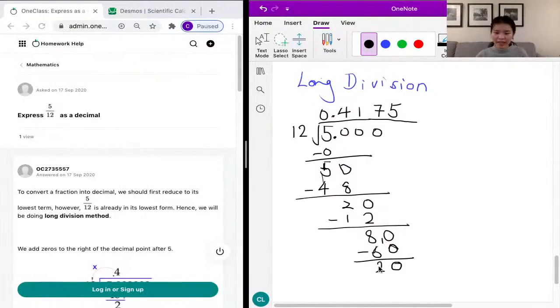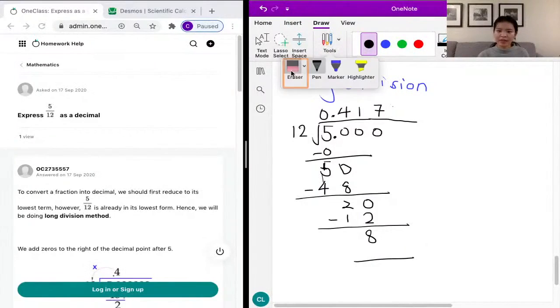However, the remainder is larger than the 12 over here. That means we can actually do 6 instead of 5, because another 12 can fit inside of the 80. The remainder must always be less than the divisor 12.